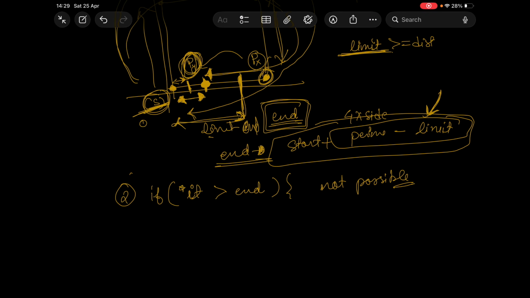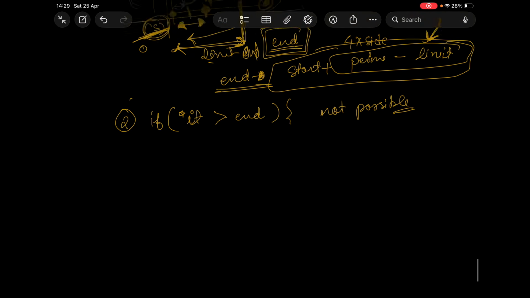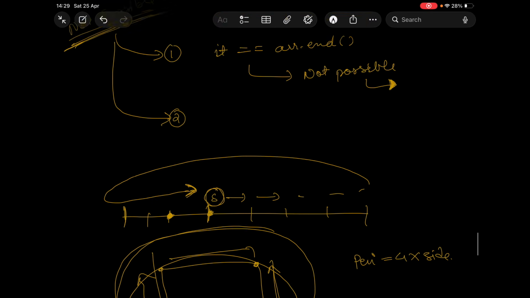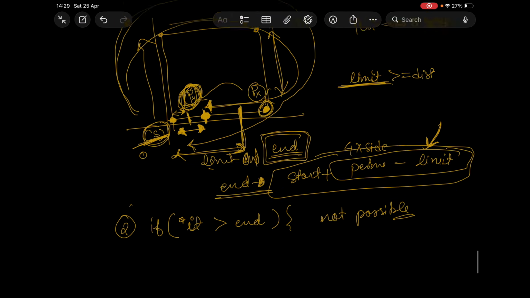So this is how we are going to pick this. And here you see this px that we are calculating every time: it's the current point plus the limit, every time we check the next point, and we get the next point accordingly using this binary search, and then we solve the answer.